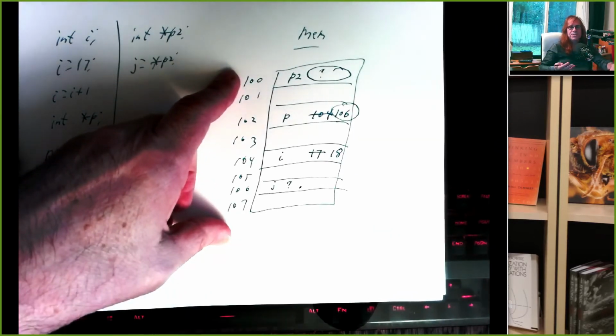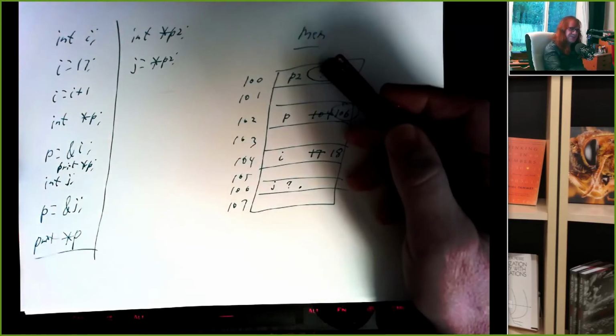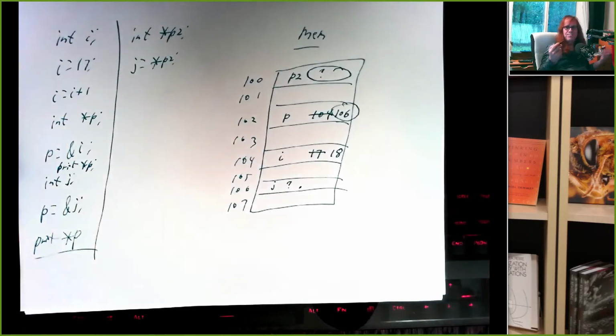Well, most locations that we might go to in memory don't exist. If this is a 0, that doesn't exist in memory. If this is 93,007, that location probably doesn't exist in memory.